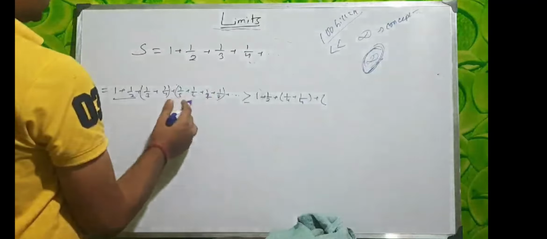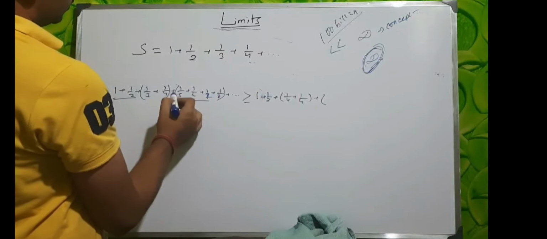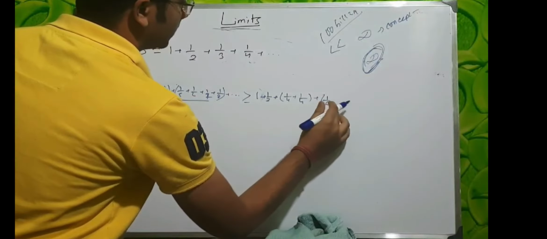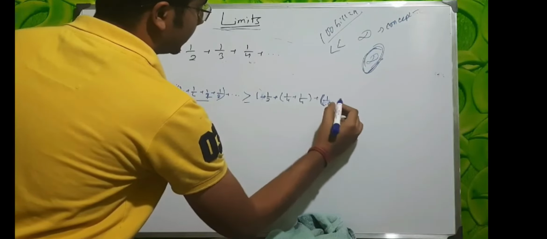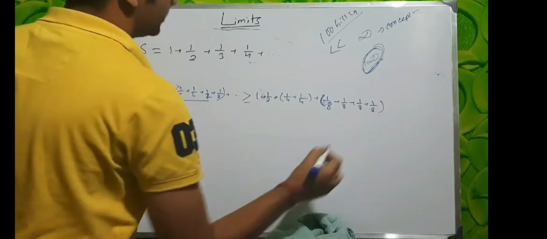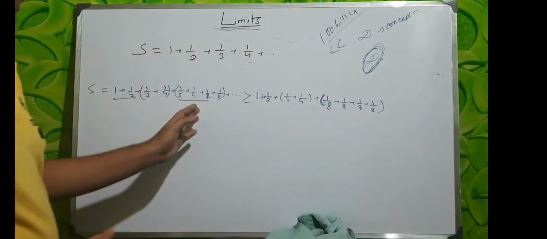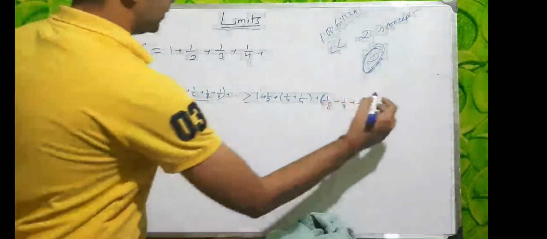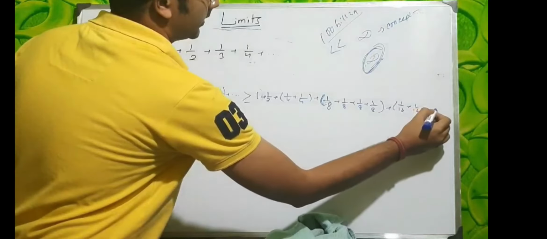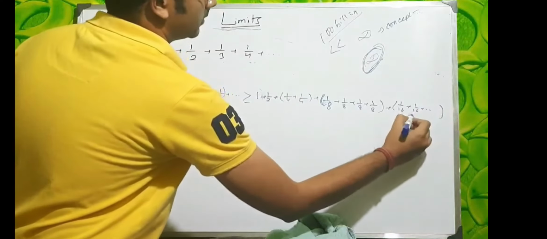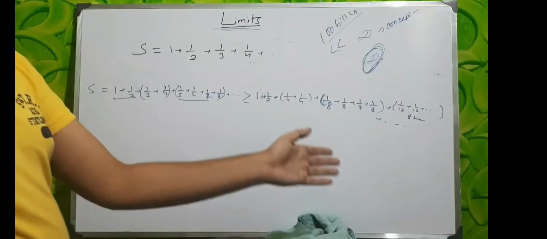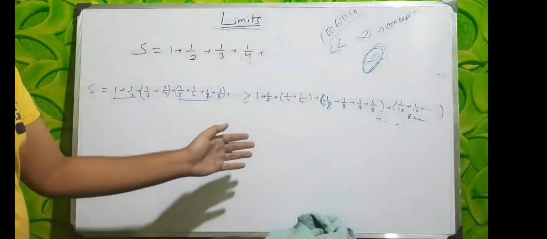If I'm going to say that these are all greater than the right-hand side, we must take 1/8 on the right side as well. So I'm taking 1/8 four times and so on. The next braces will contain 8 terms, each 1/16, 8 times, and so on. Then the next will be 1/32 taken 16 times, and so on.